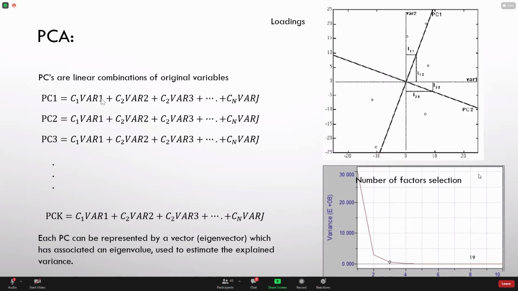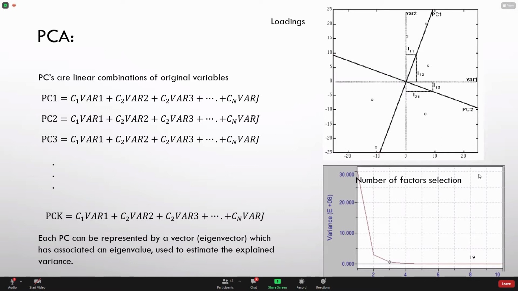If the value of this coefficient is very low, this variable has no importance for this PC1, for example. So we can see here which variables are most important for each PC. And the PCs can also separate our samples in a new spatial dimension.